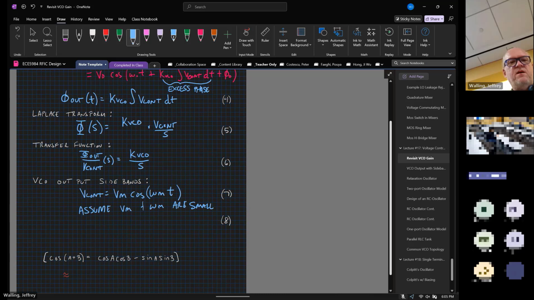So we go back and substitute that Vm signal in for the control voltage. And we would find that the output voltage with respect to time is equal to V naught cosine of omega naught t plus k VCO times the integral of Vm cosine omega m t dt.